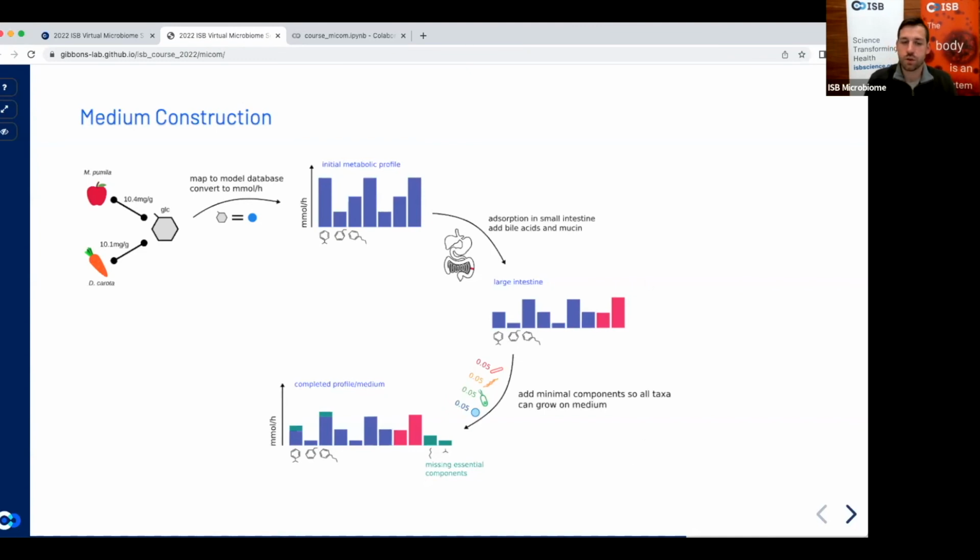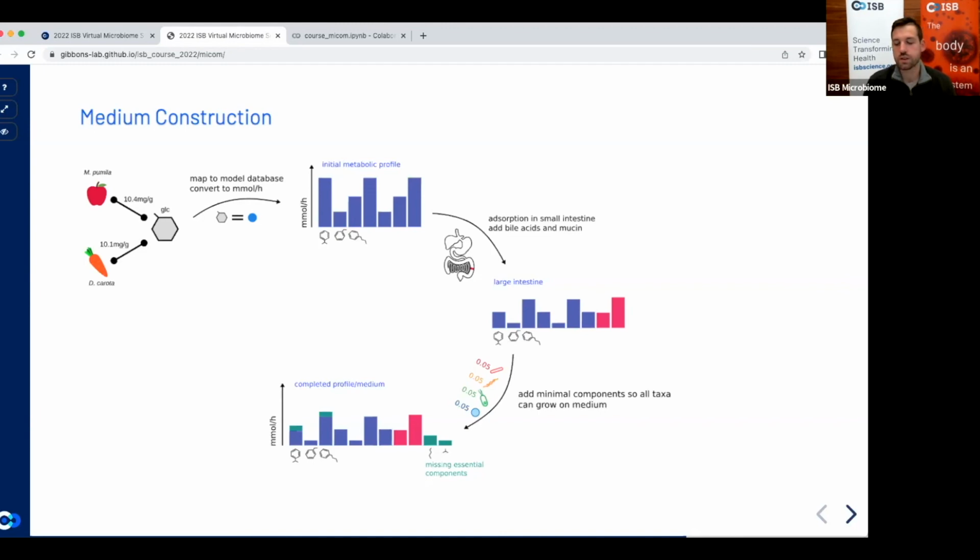And then finally, before we have a completed medium that we can use for growth in MICOM, the medium undergoes a gap filling process, basically augmenting our medium with a minimal set of metabolites that are required for all of the taxa in the sample to be able to grow.